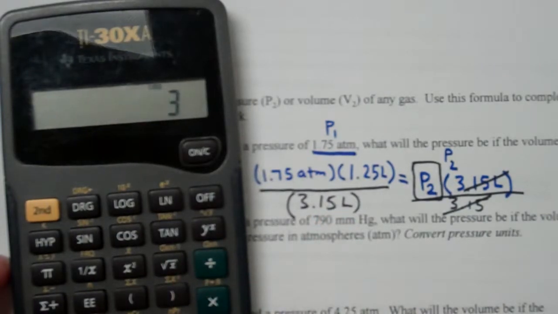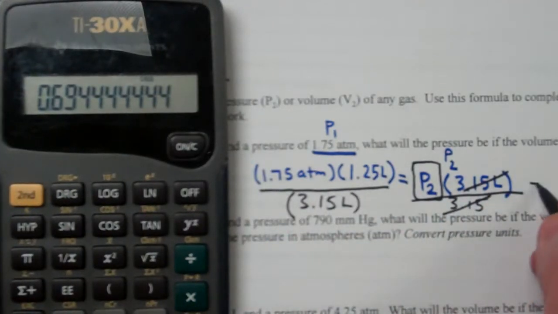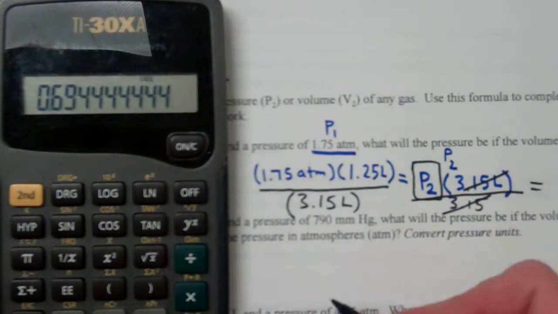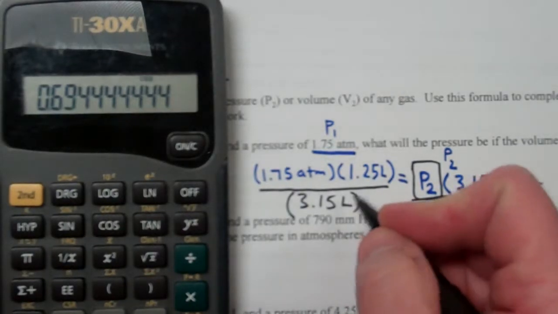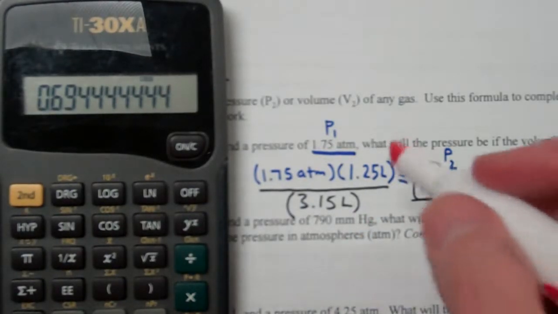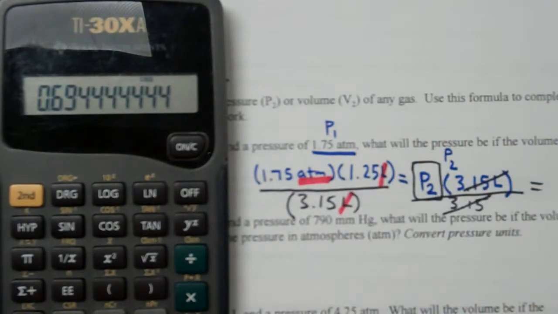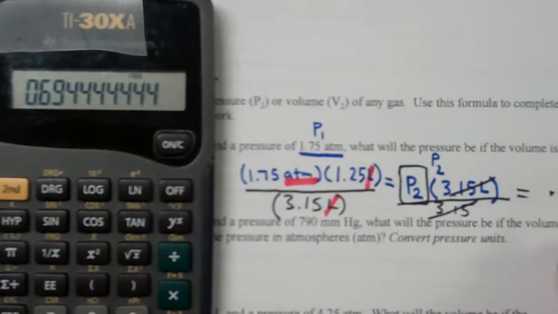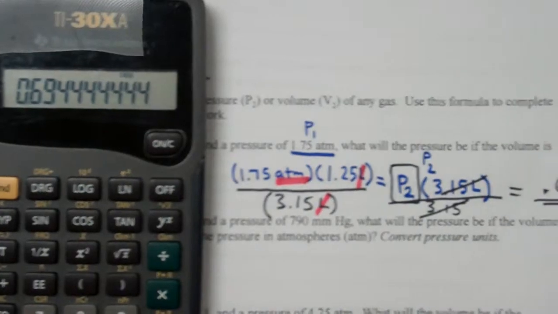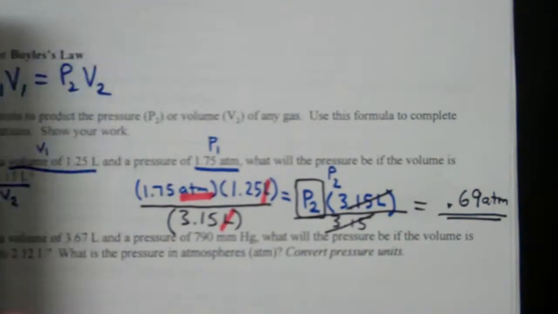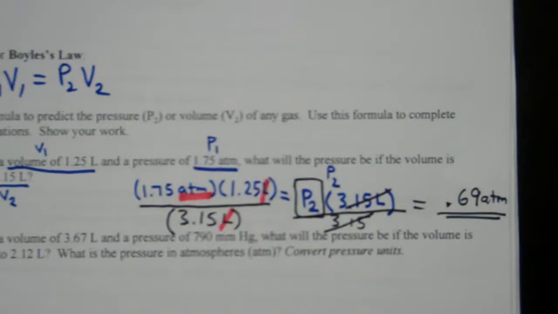Divided by 3.15, and I get a final answer of 0.69. And what would my units be? My liters are going to cancel out, leaving me with atmospheres. And that makes sense because I'm trying to find a pressure. All right, so my answer is 0.69 atmospheres. And that is how I do that first problem.